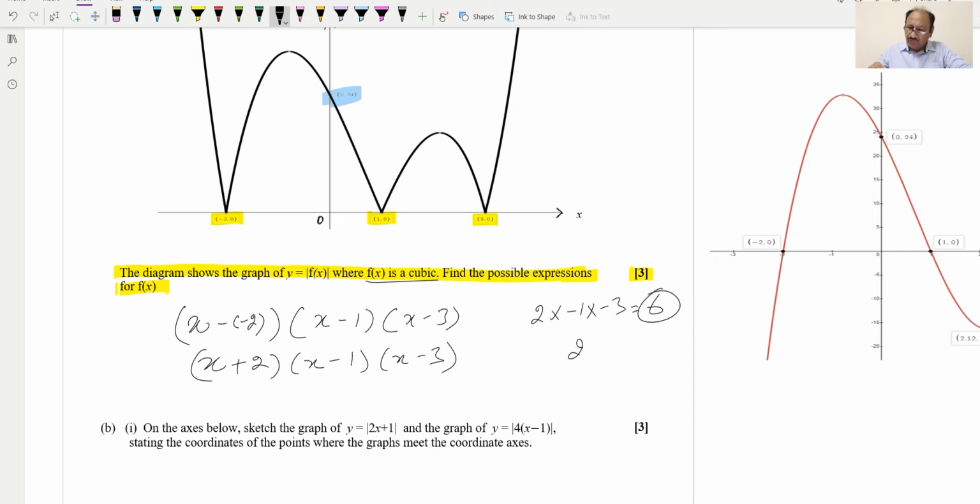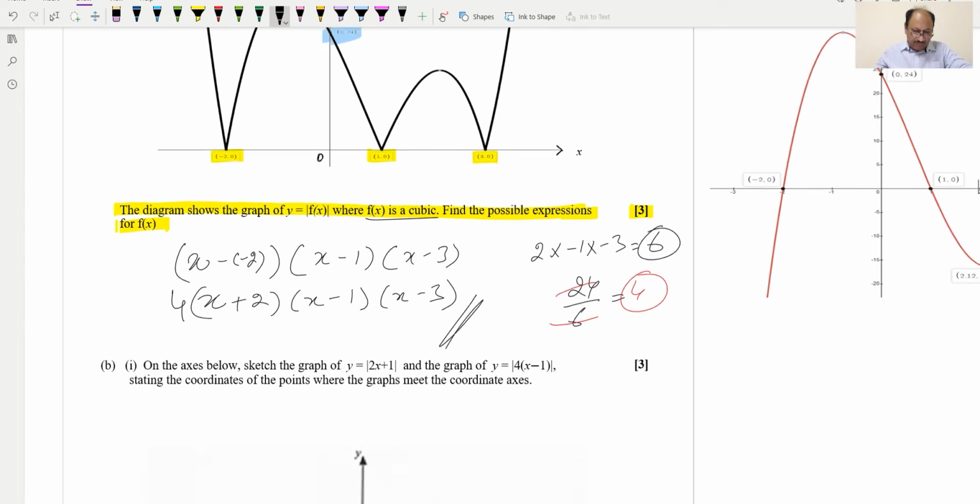So we will divide 24 by 6, and after cancellation we'll get 4, so we will be multiplying this equation by 4. Hopefully you understood this, and this will be our final equation for this A part.